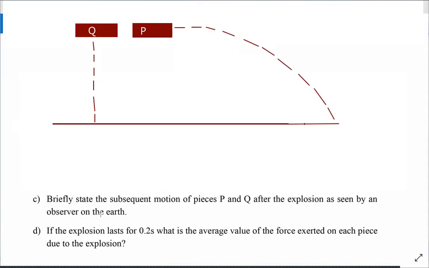Okay, I'll read because nobody read the note. Q falls freely under the gravity along a vertical straight line path. P moves along a curved path similar to a projectile.